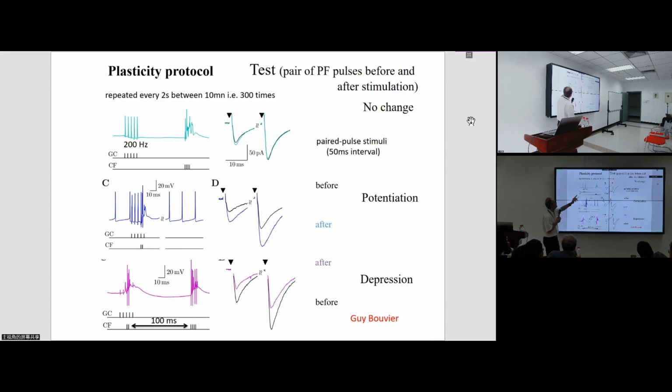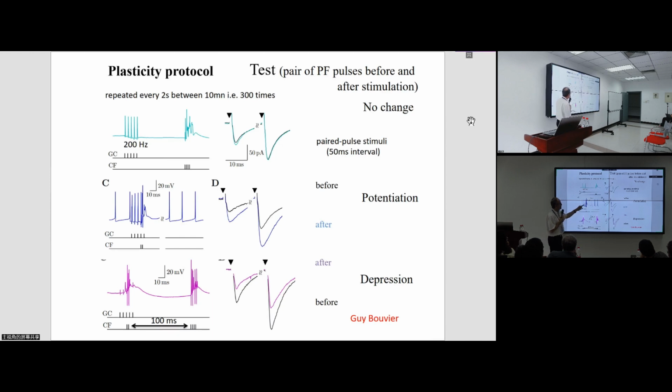So these are plasticity experiments in slices where you repeat pairing of some granule cell input to the Purkinje cell with climbing fiber input with a delay, I think a 150 millisecond interval here. And so if you repeat that, you have very little change.